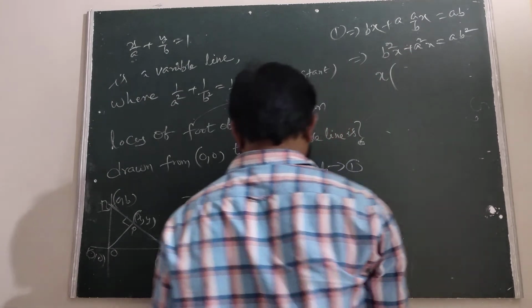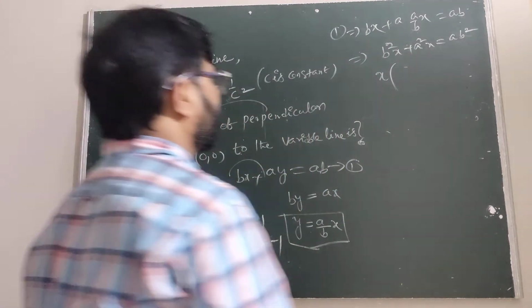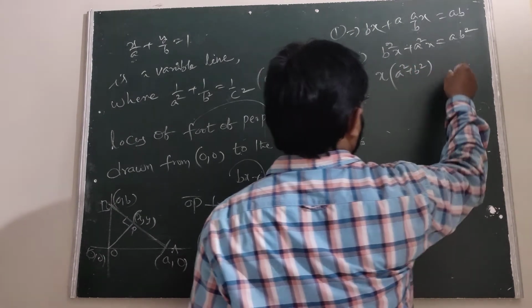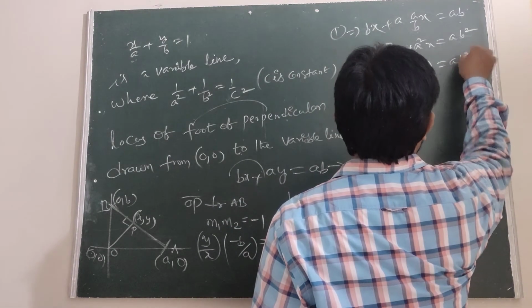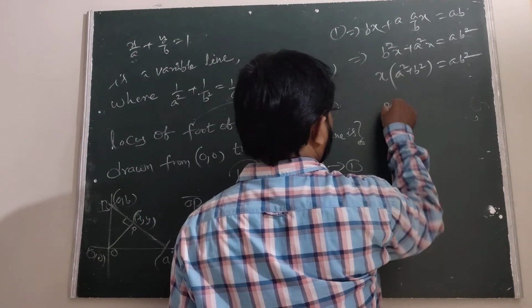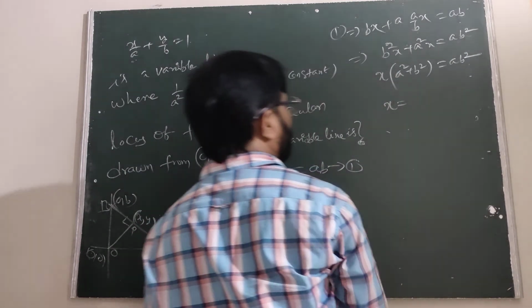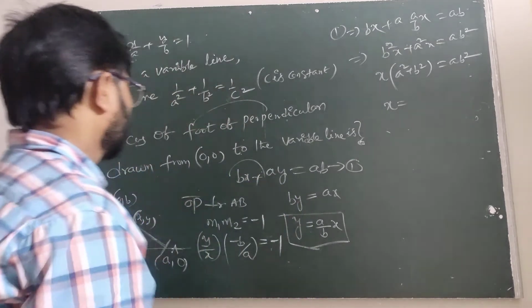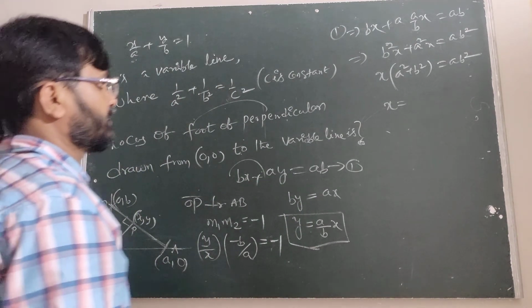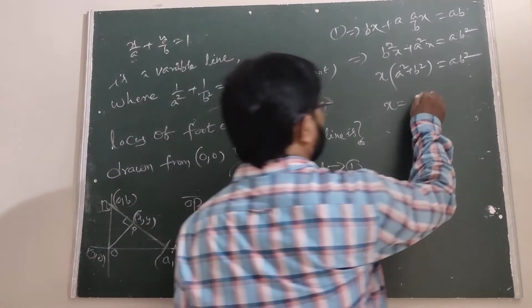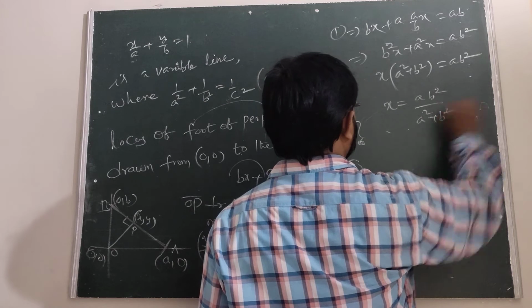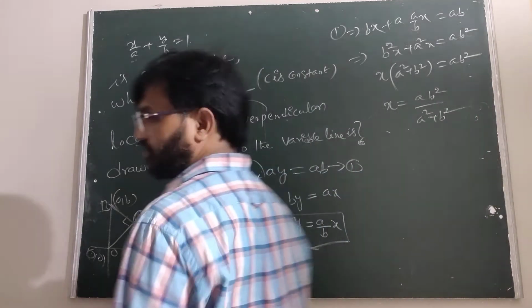Then it will be x times a square plus b square equal to ab square. Therefore x equals ab square by a square plus b square. Is it okay?